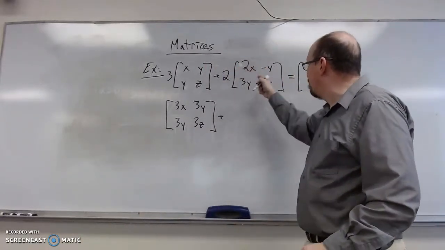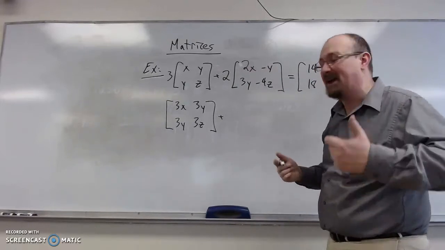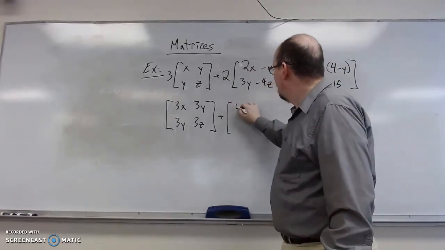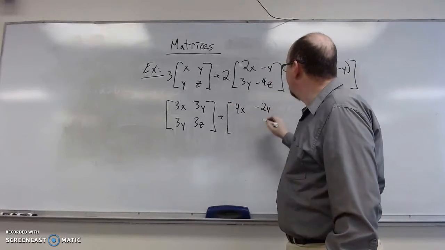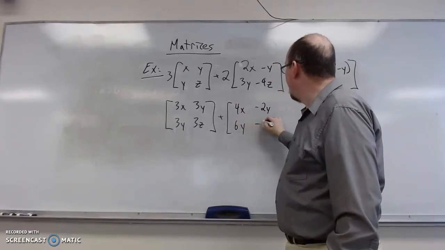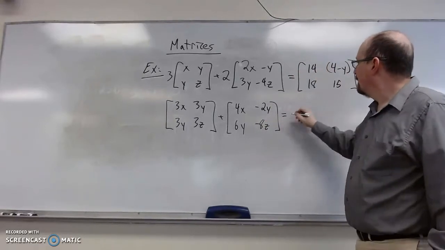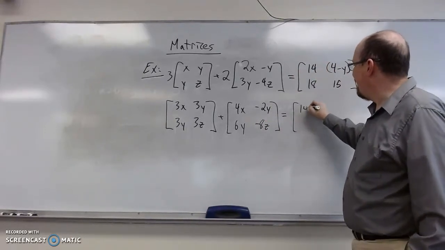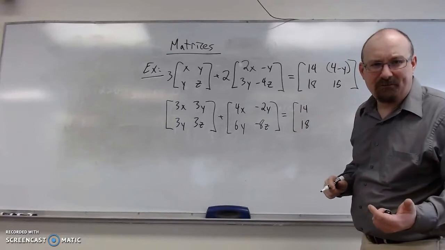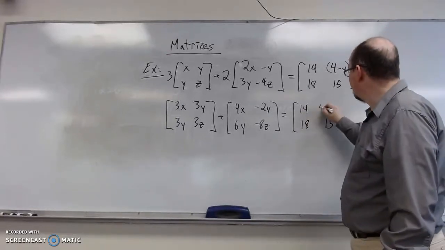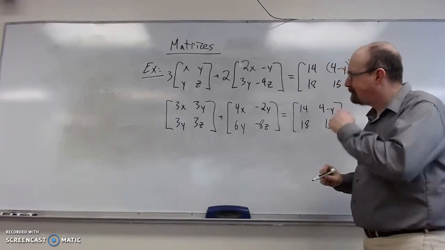Same thing here. Each of the 4 things in this matrix, they all get doubled. So 4x, negative 2y, 6y, negative 8z equals, and we haven't touched anything on the other side of this equal sign yet, right? So 14, 4 minus y, 18, 15.